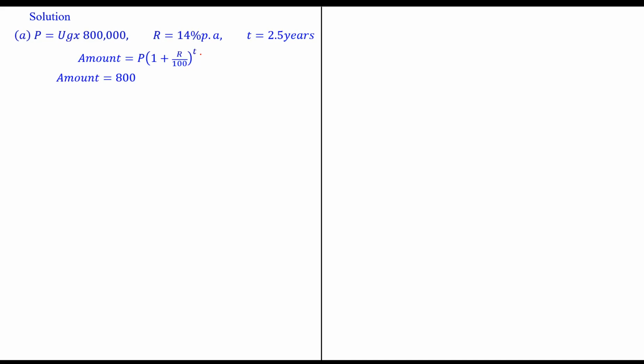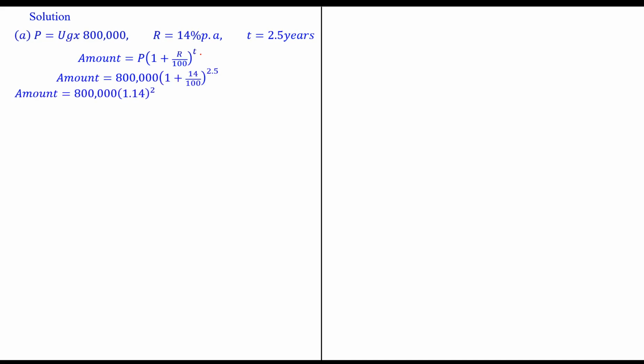Let's first summarize the scenario information. Our principal is 800,000 shillings, rate is 14% per annum, time 2.5 years. The amount under compound interest is given by P times (1 plus R over 100) to the power T. You substitute, and you shall get the amount as that.